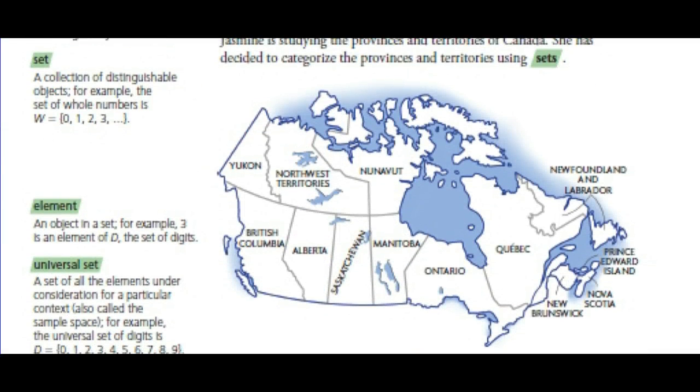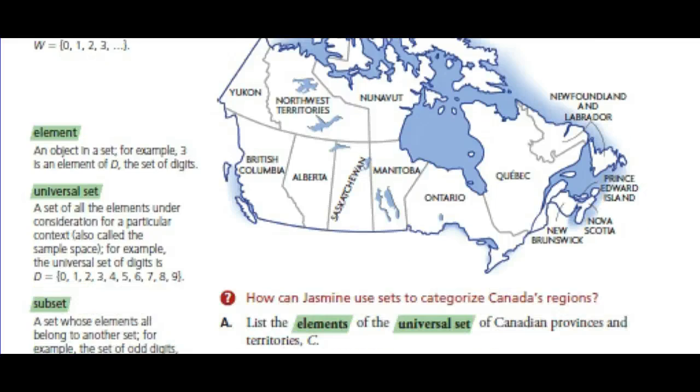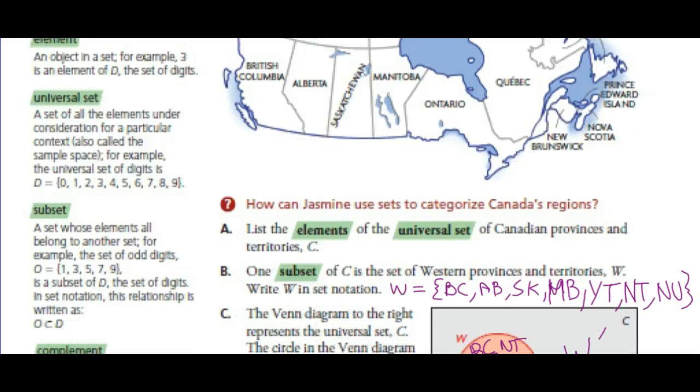So a set, a collection of distinguishable objects. Elements, any object in the set, one of those elements. Universal set is the set of whatever we're talking about. If we're talking about Canadian provinces and territories, then it's a list of all of the Canadian provinces. Subset, a set whose elements all belong to another set.